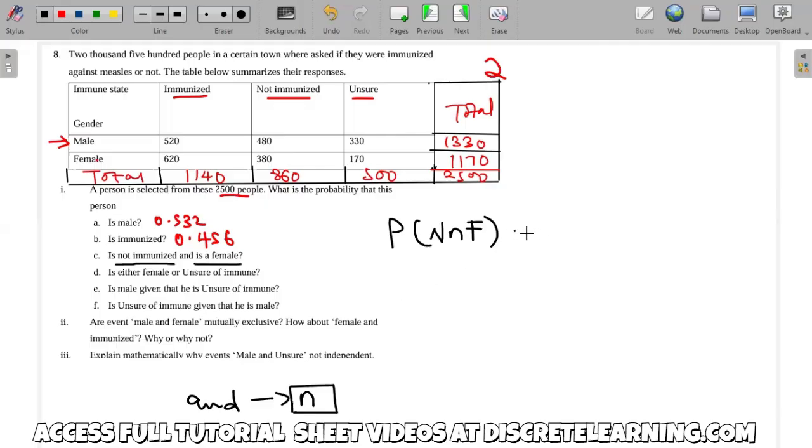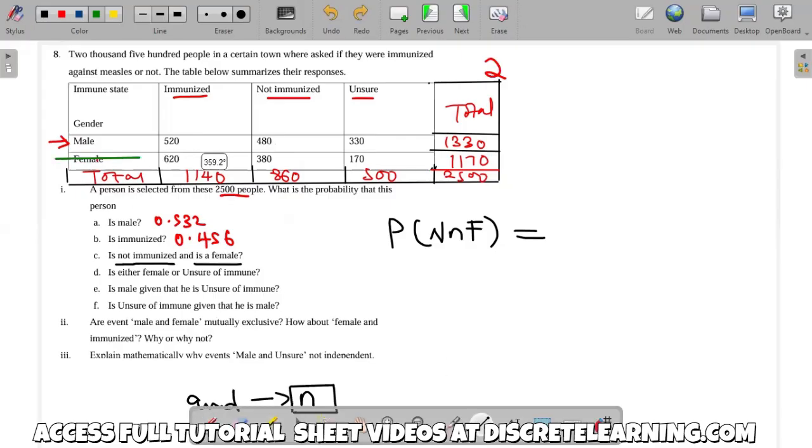Okay, so how can I find this? What is the total number of favorable outcomes? I'll just go to the part that has the intersection of not immunized and female. So how do I do that? I just go to not immunized, I draw a line, and then the female, I also draw a line. I should be drawing straight lines here.